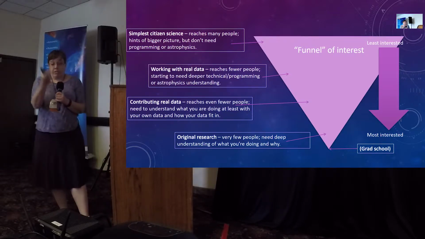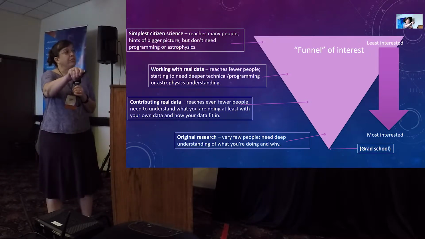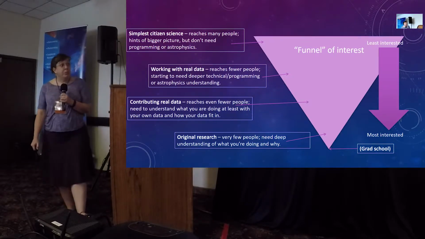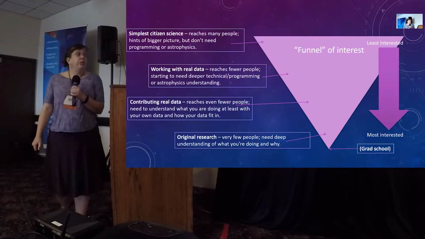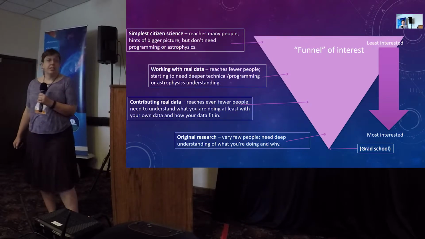So as the funnel starts to narrow, you have the working with real data, which is reaching fewer people. The most interested people from that widest part of the funnel might go down the funnel and start to work with real data. That's going to reach fewer people than citizen science does, and you do start to need a deeper understanding of programming and of data and astrophysics.